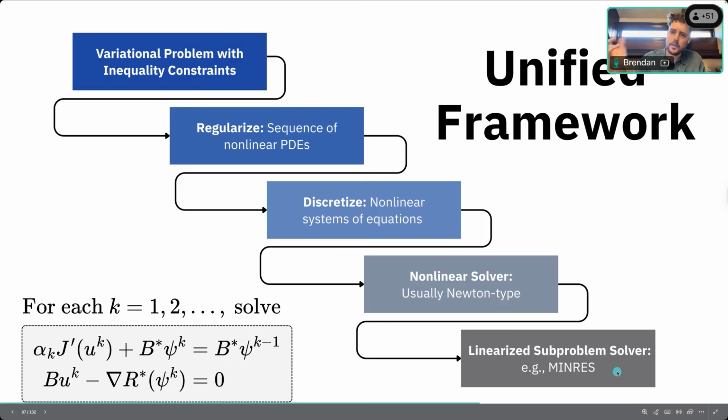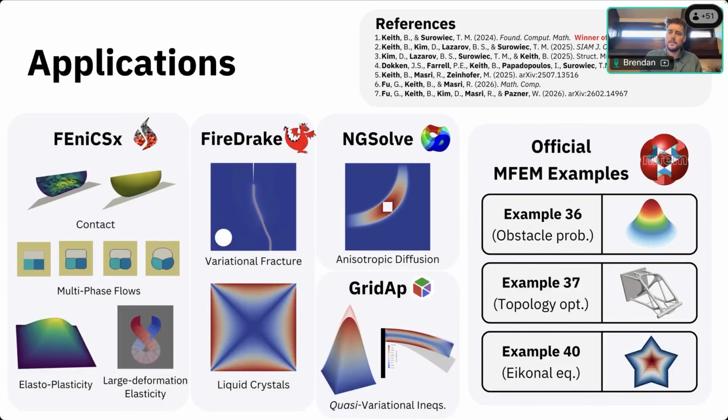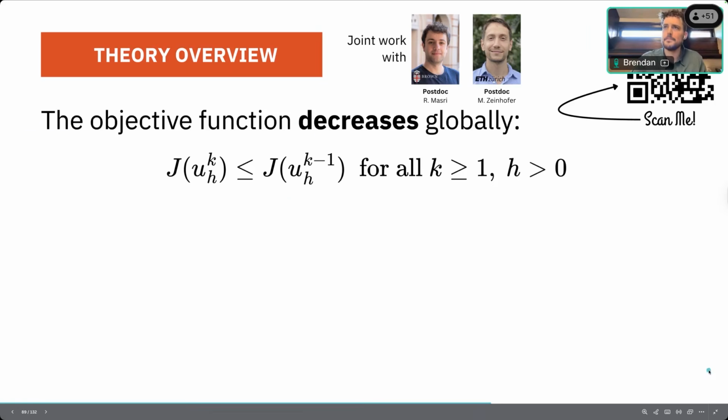But in a lot of the cases, because of the symmetries, you don't have to just rely on GMRES. You could use MINRES. But I won't dive into that too much. We've implemented Proximal Galerkin in several different finite element codes: FEniCS, Firedrake, NGSolve, but most prominently in MFEM, where there's actually three examples that you can play with if you'd like, including one for the eikonal equation.